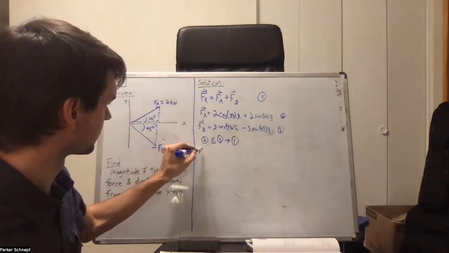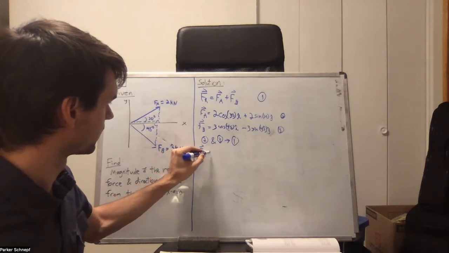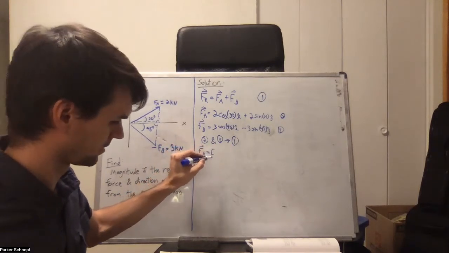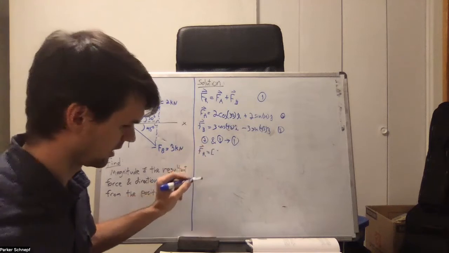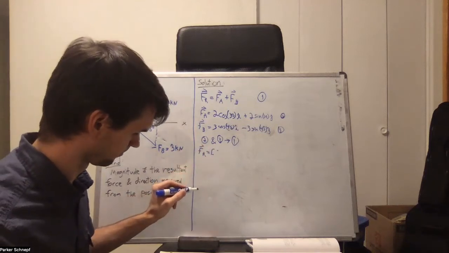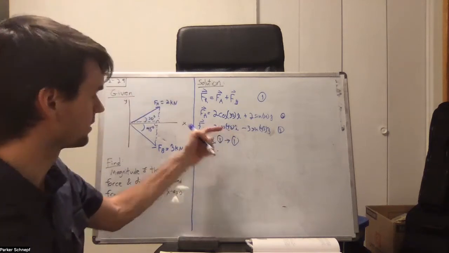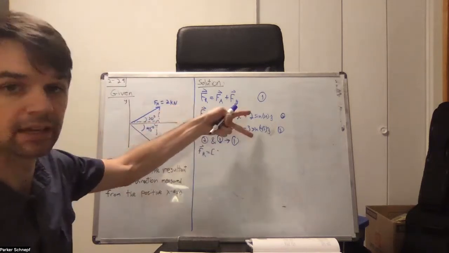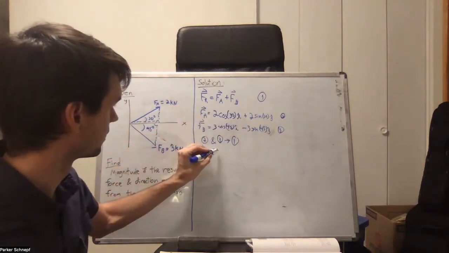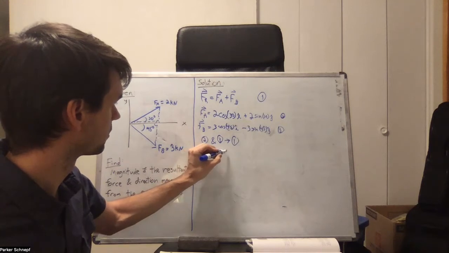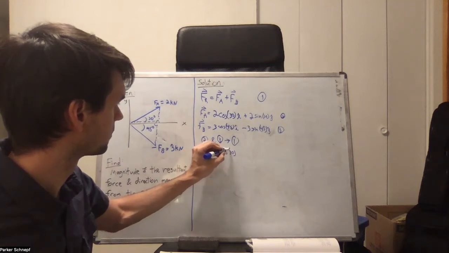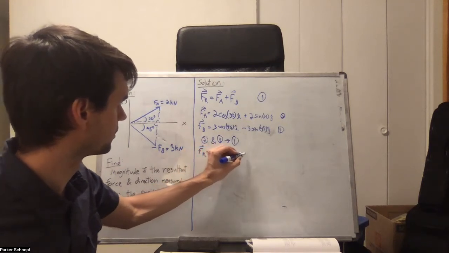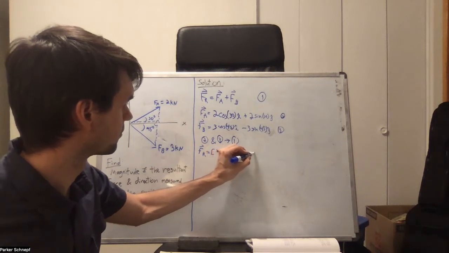And what I end up with is that my resultant vector is going to be, I can add the x's together and I can add the y's together. So I'm going to get 2 cosine 30 plus 3 cosine 45.